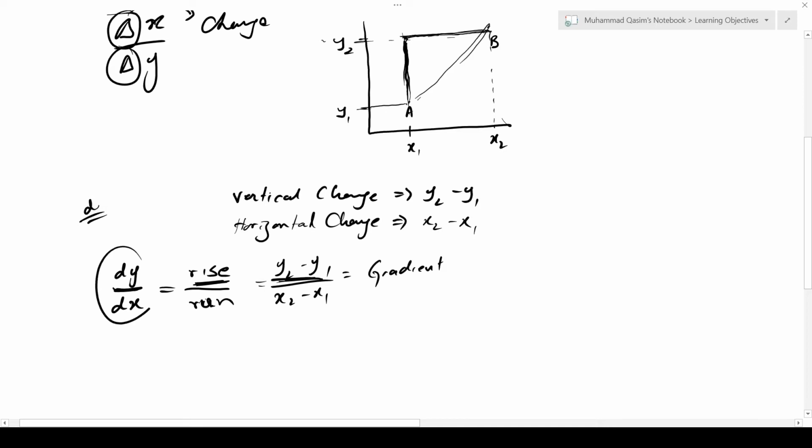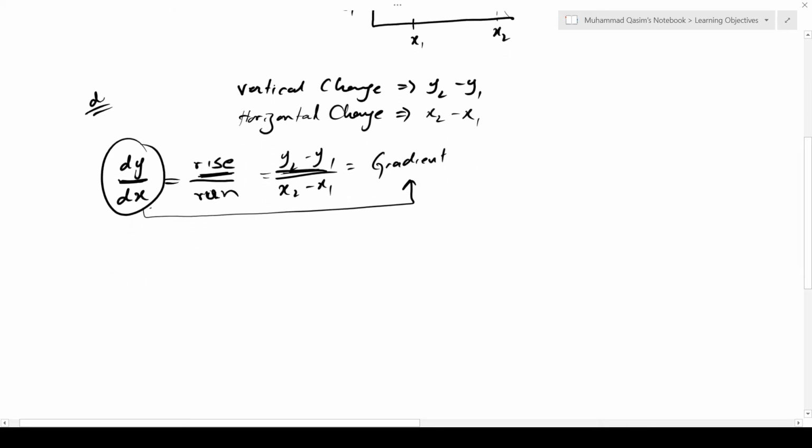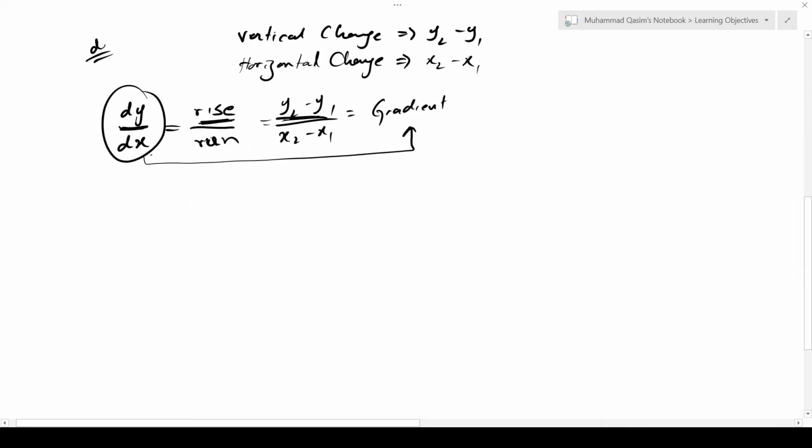So basically dy by dx is the gradient, and for any equation, dy by dx is going to be the derived equation, or you can also call that equation the equation of gradient.